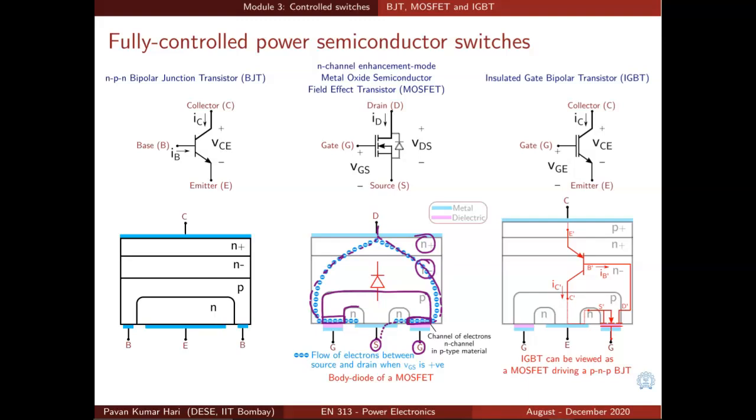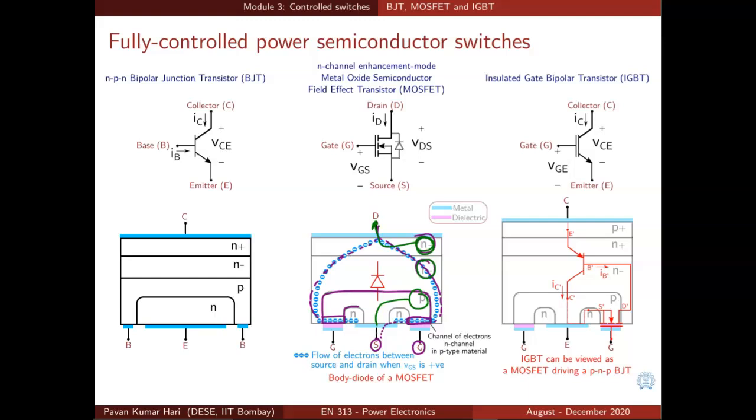Another interesting thing is this body diode. What is this body diode in a MOSFET? If you observe the structure, this p-type region is directly connected to the source terminal, and this n-type region is connected to the drain terminal, and in between of course there is an n minus region. So you have a direct connection of PN junction from source to drain.